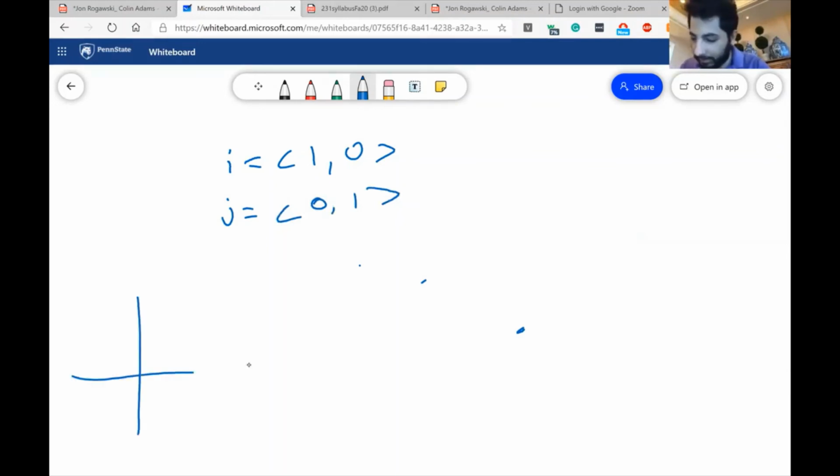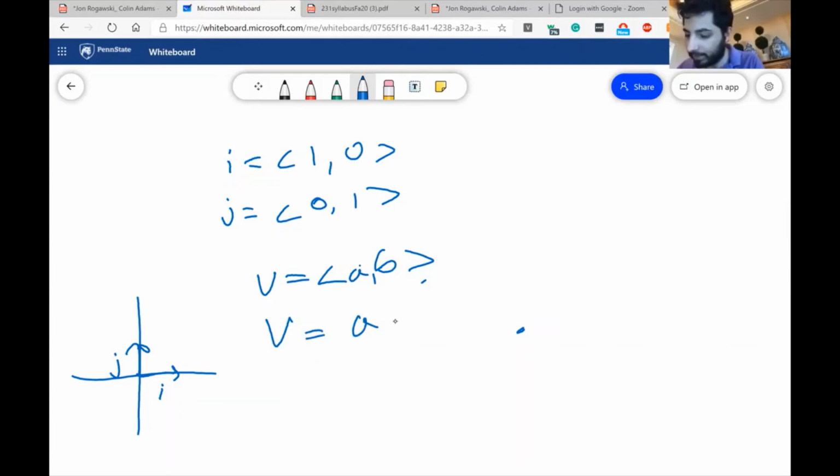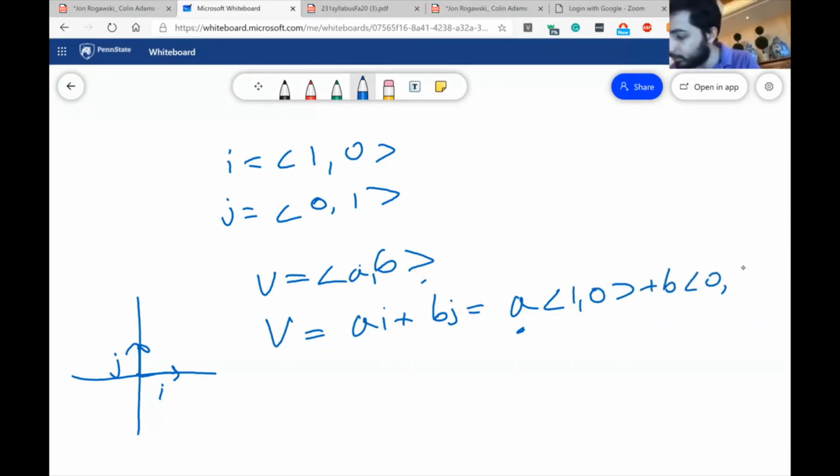So here on the graph, this is the vector I, and this is the vector j. And now any vector can be written as the sum of these two vectors. So if I have a vector V, which is, let's say, equal to AB, then V is also going to be equal to Ai plus Bj, right? Because this is equal to A times 1, 0, which is my I, plus B times 0, 1, which is my j.